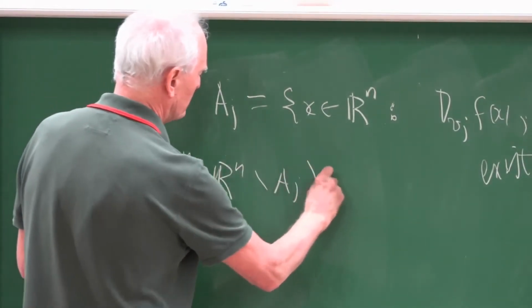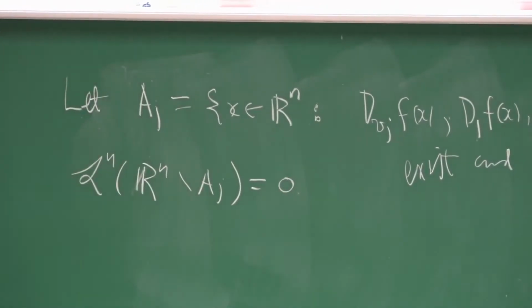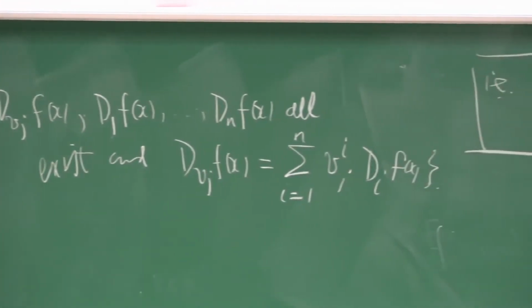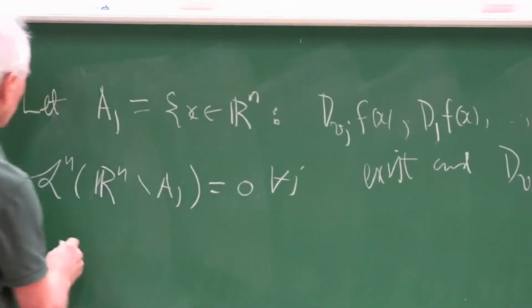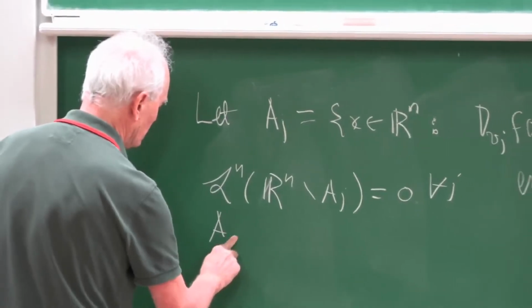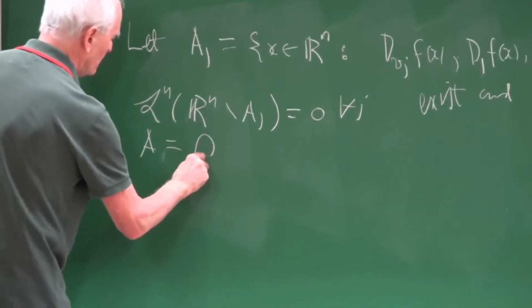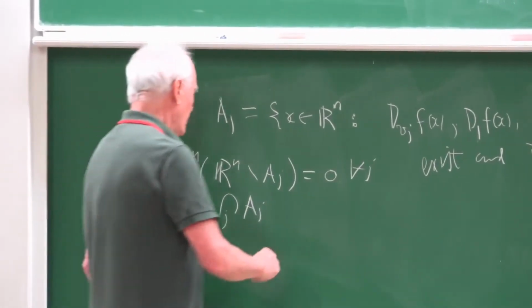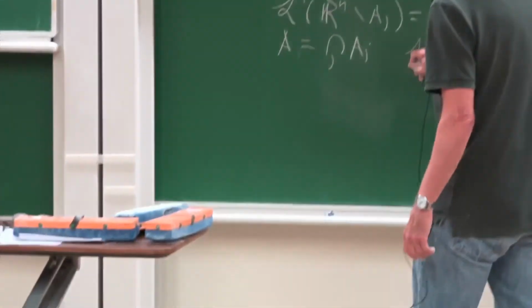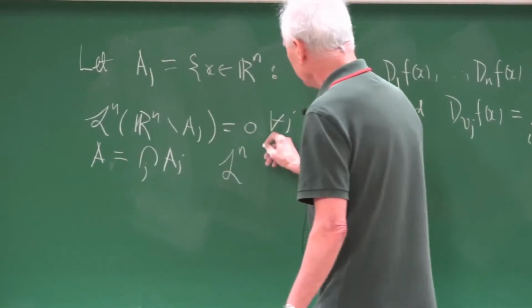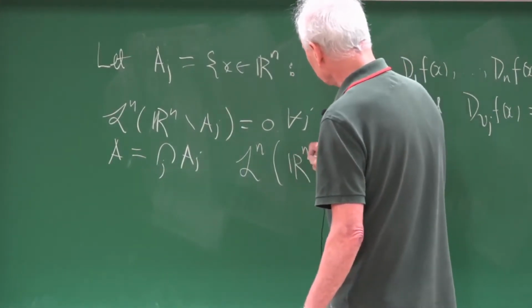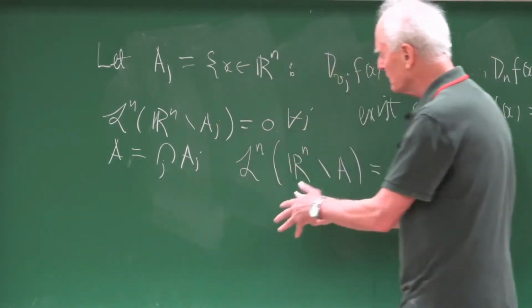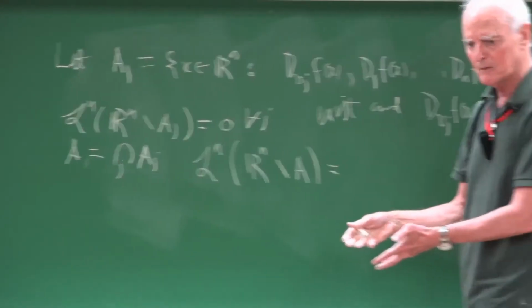Now we've proved that the complement of that has measure 0. That's what we proved: directional derivatives and all these things hold almost everywhere. So that's true for every j. And now let A be the intersection of all these. And notice that that's still almost all of Rn, because if you take Rn minus that intersection, Rn minus A, that's the union of the separate complements, right?